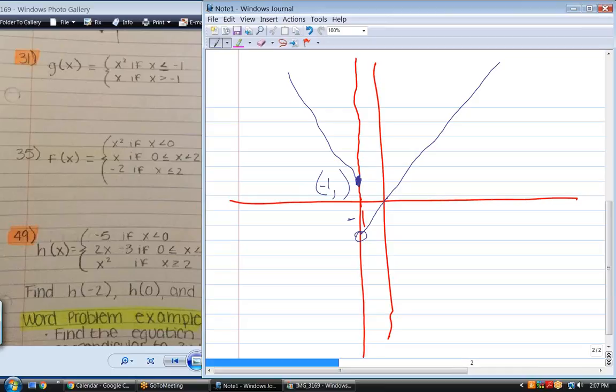What's the y coordinate going to be? Remember, y is the same as g of x. So plug in -1 for x and solve. So it'd be 1, right? Yeah, which means that if we want to plot this thing, we don't actually have to plot the entire parabola and then erase part of it.